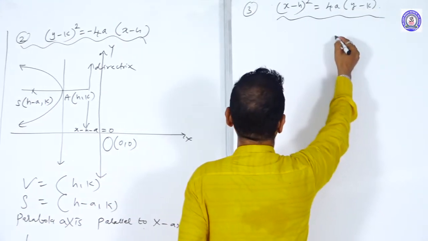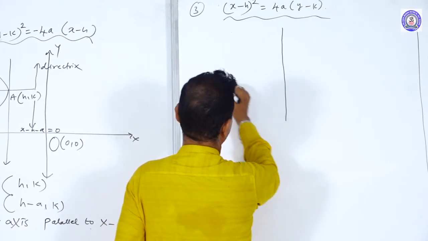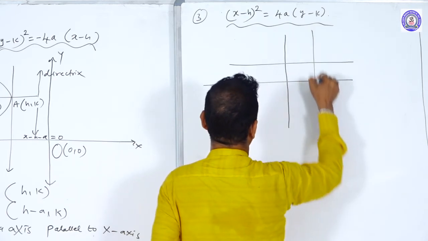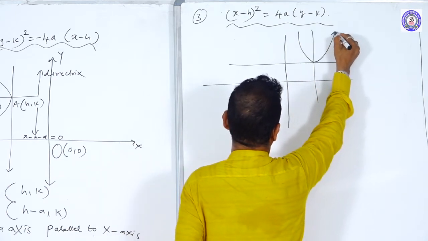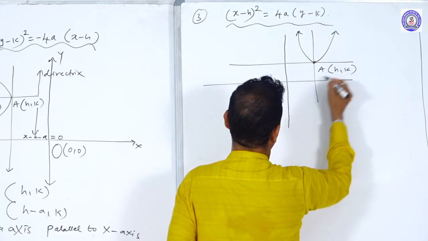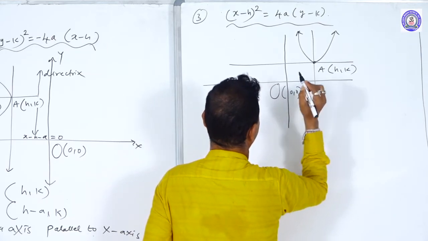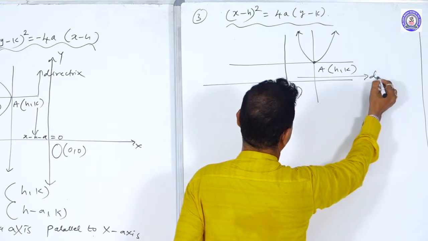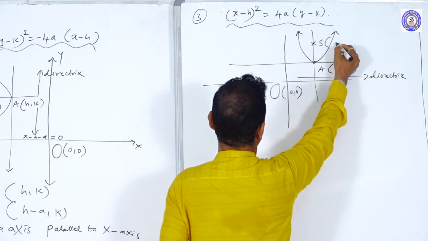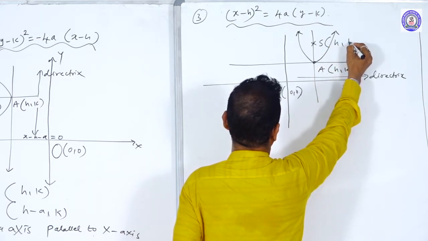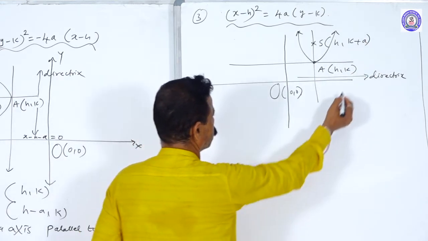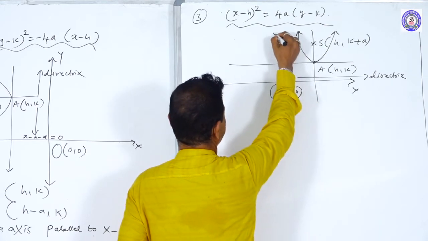So this diagram is upside. This is the type. The vertex is h comma k. This is the origin. This is the directrix. Here the focus S is h comma k plus a. This is x axis, this is y axis.